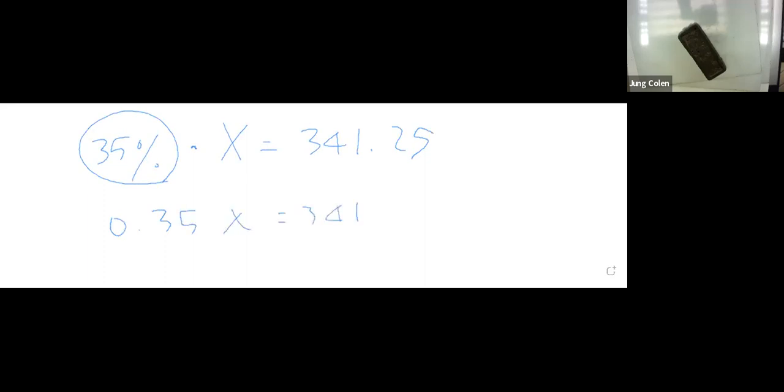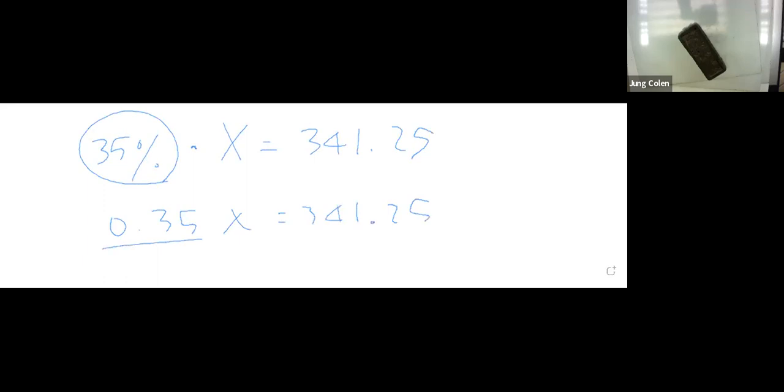This is how much is reduced. So 35% of the original price is $341.25, right? So you need to write this as 35% of the original price is 341.25, right? And how do we change this into an actual number? Divide by 100, which is 0.35, times X is 341.25.